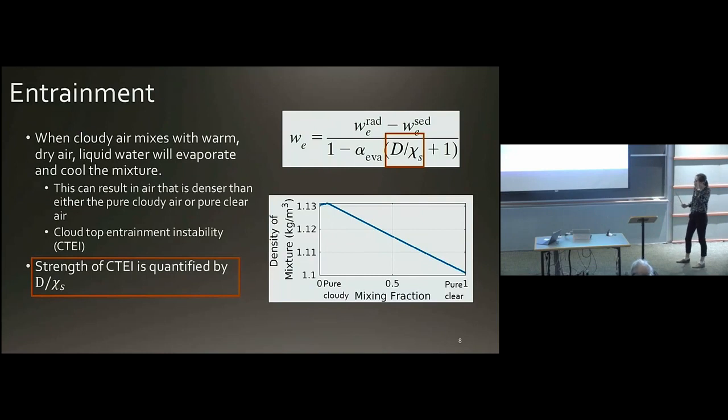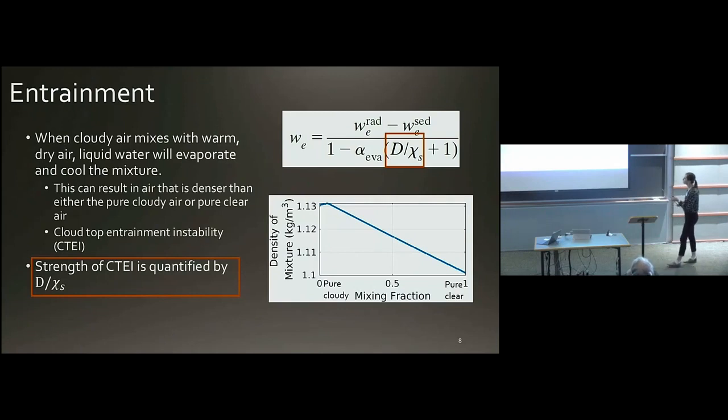I want to start at the bottom. So what can happen when you take pure cloudy air and pure clear air, so you start mixing that warm air from above, and you get evaporation of the cloud water and you get cooling, and that can actually increase the density of that mixture and lead to air that is denser than either air source that you started with.